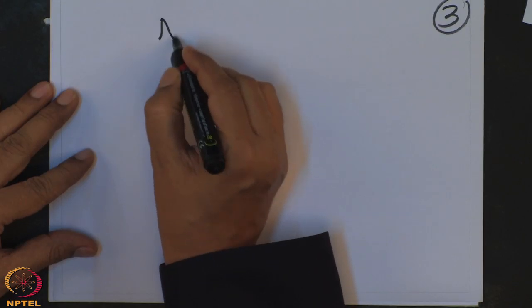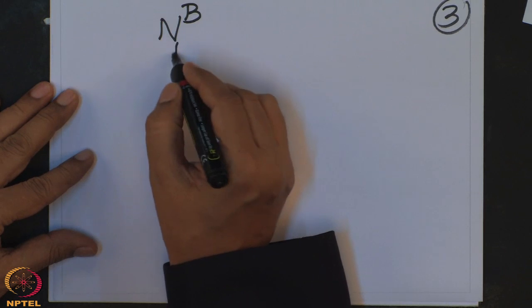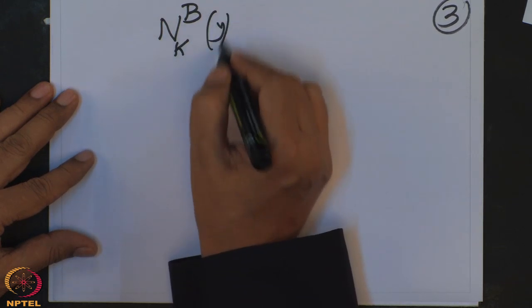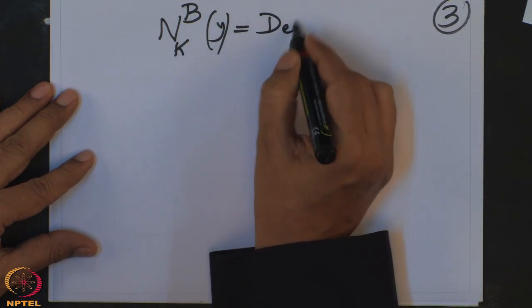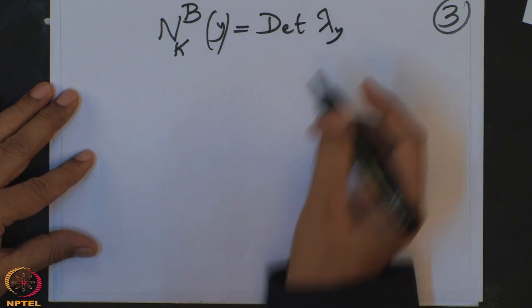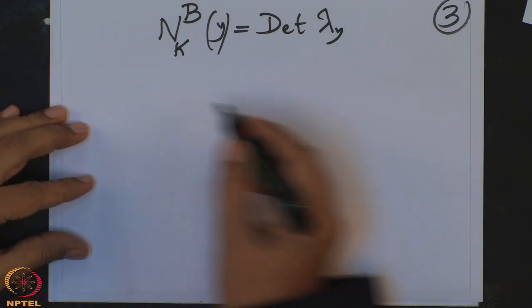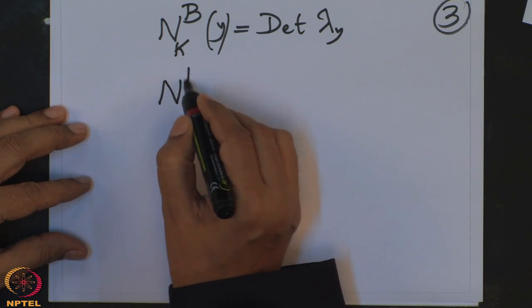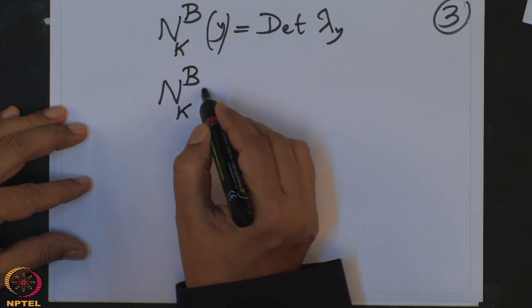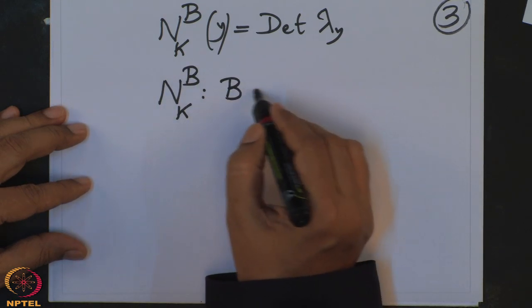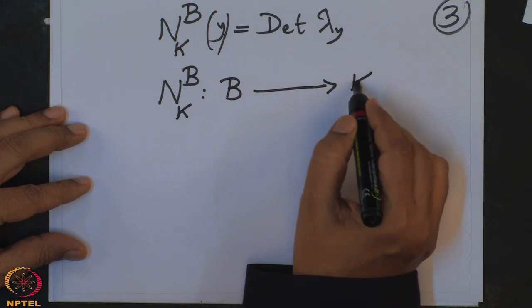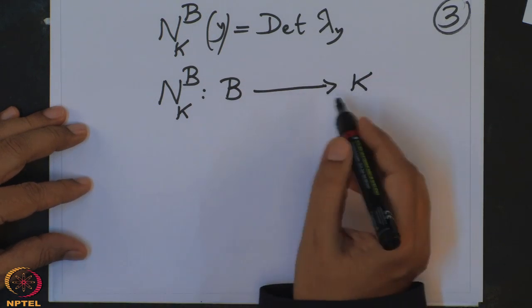The norm of B over K of y is the determinant of the linear map lambda y. This norm, we have said earlier also, is a map from B to K, and it is a multiplicative map.